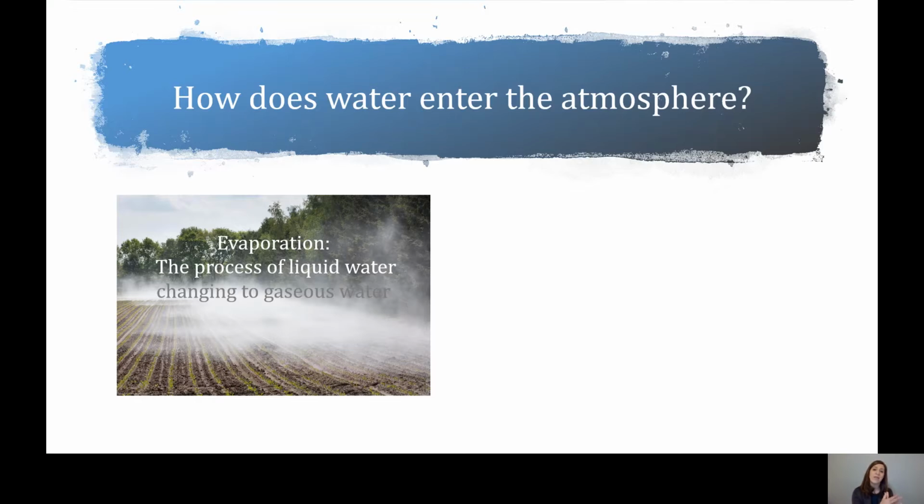Water that is in the liquid phase has molecules relatively close together. And then when it gains energy, some of those molecules escape, turning into a gas. So when we're looking at evaporation specifically in the water cycle, we're thinking about water gaining energy from sunlight and escaping from the surface, going up into the atmosphere. So basically becoming water vapor in the air.